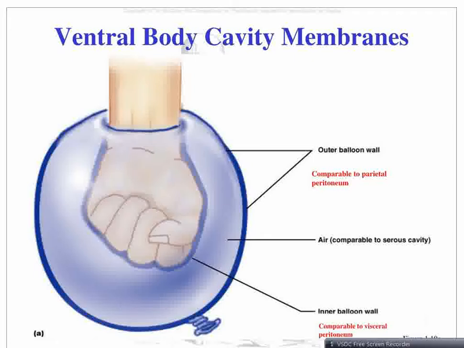So let's imagine that this is the anterior aspect, and this is the abdominal cavity, and this is a balloon which is there in the abdominal cavity, anterior and posterior aspect. From the posterior aspect, the hand is representing the organ that is entering into the balloon. So initially the balloon is a single layer balloon.